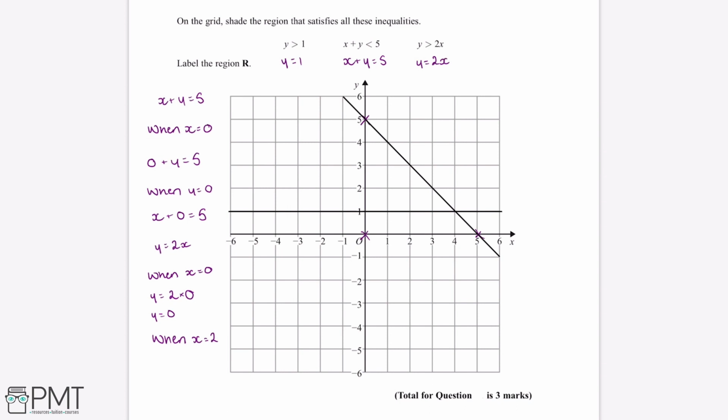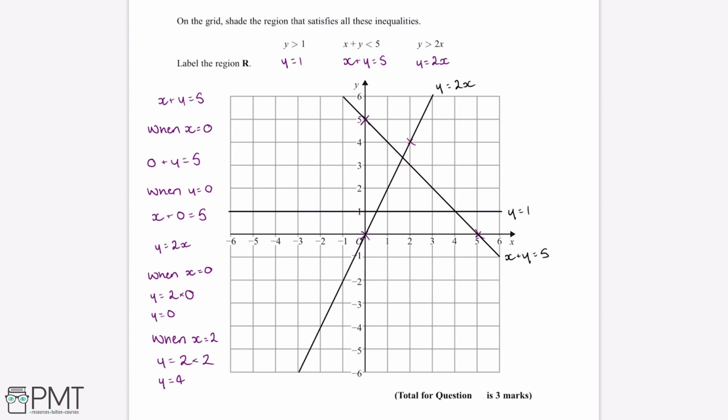So when x equals 2, y equals 2 multiplied by 2. So therefore y equals 4. And again we can plot this point on our grid. And using a ruler we can join up these points. So we've drawn on all the lines we need to draw onto this grid.